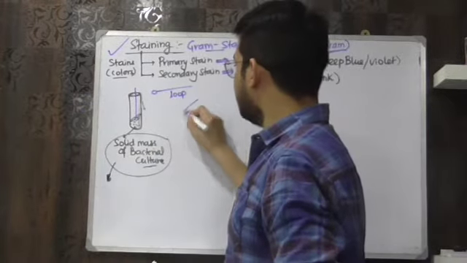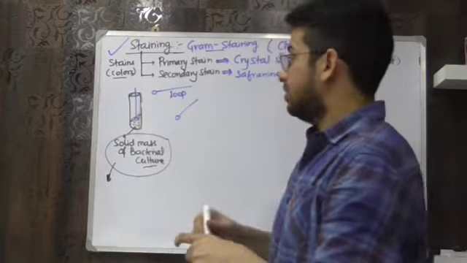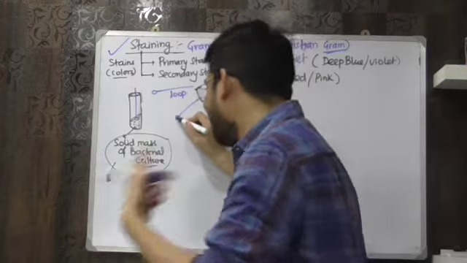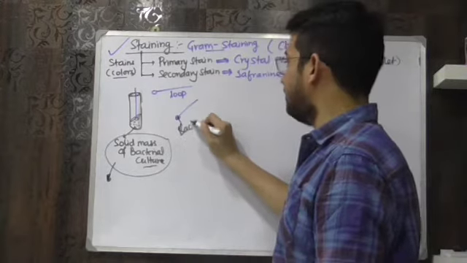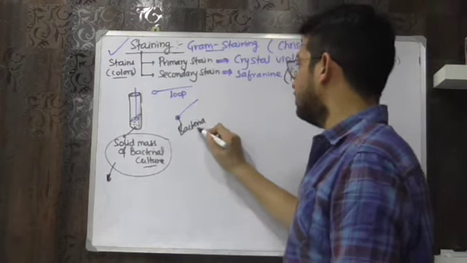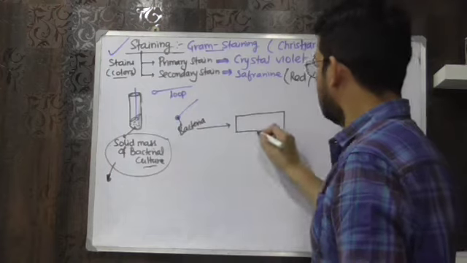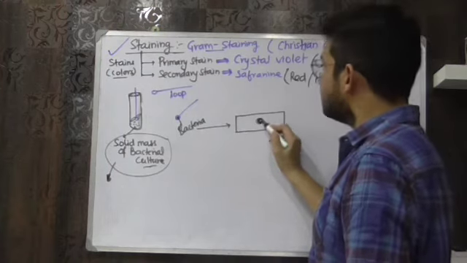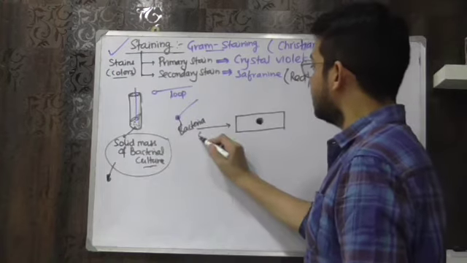When you take out this loop from the test tube, some bacteria get trapped in this loop. Now place these bacteria on a slide. Just rub it or make a smear here. This step is called smearing.